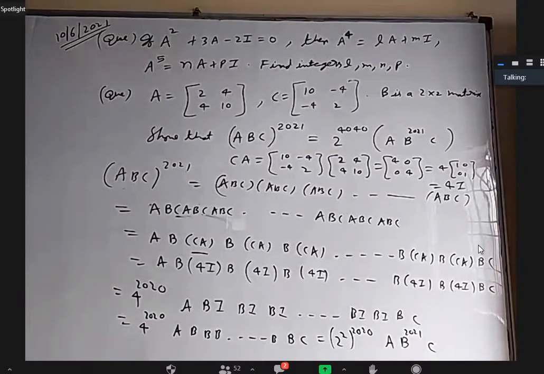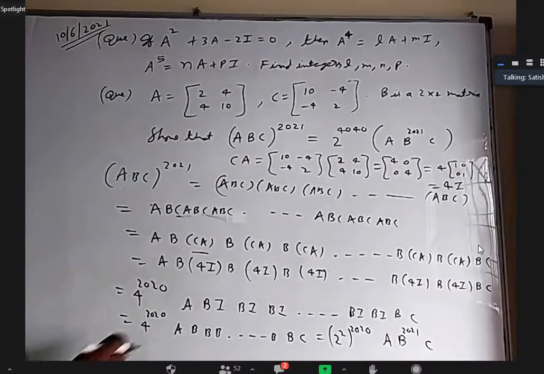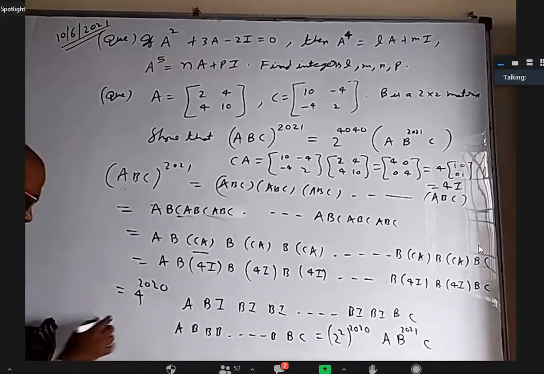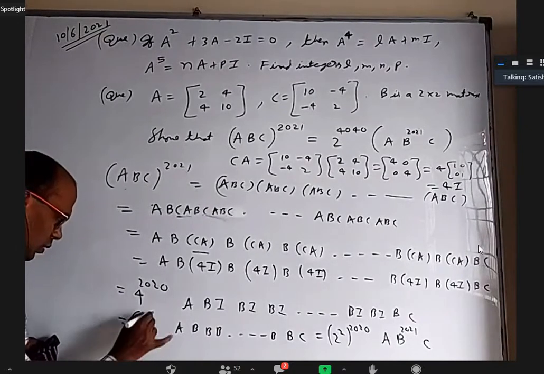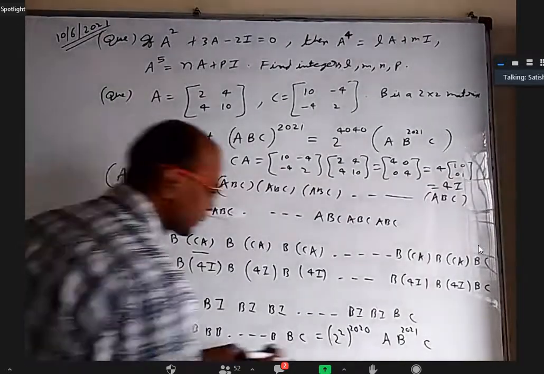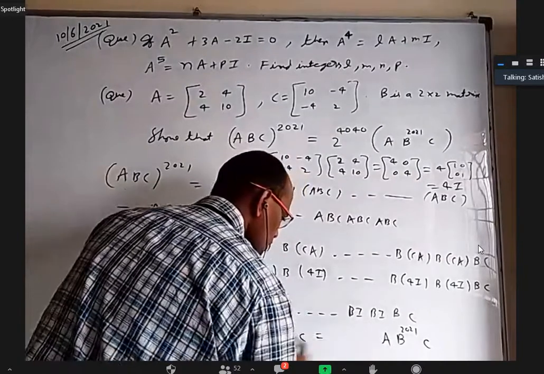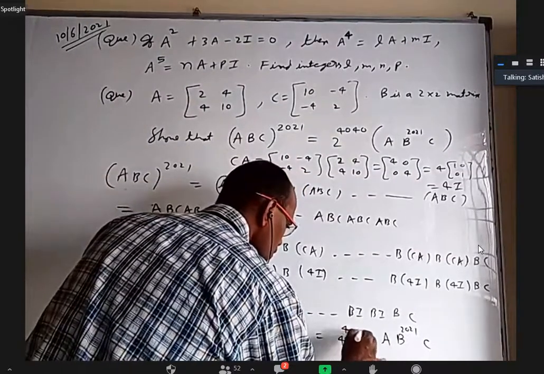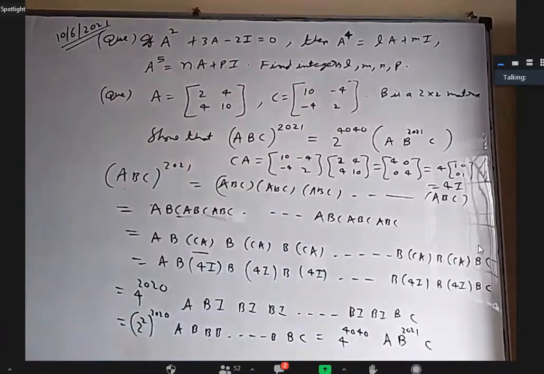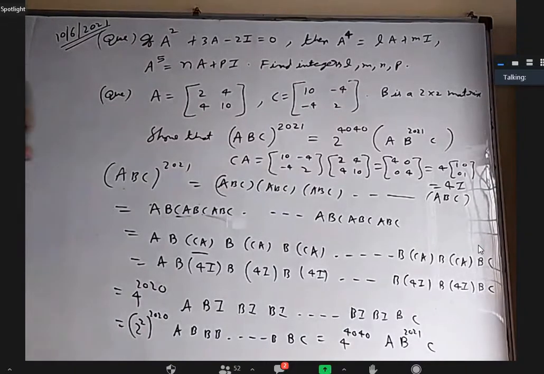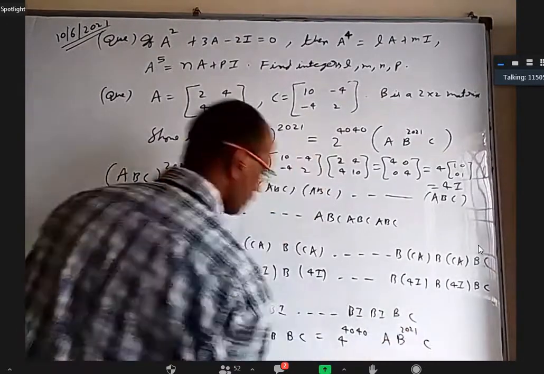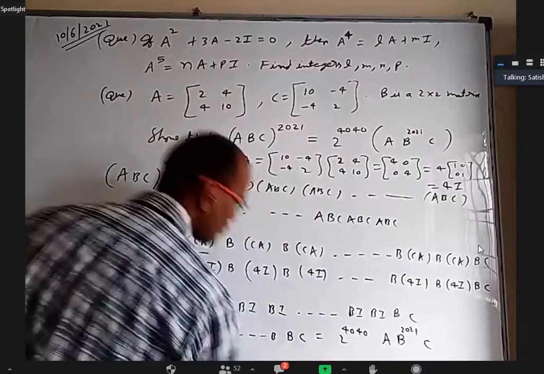You can write 2 power 4. I think I can write here and so the answer is done. This is 2 square whole power 2020. This is 4 power 4040. Sir, 2 power 4. Yeah, 2 power 4040.